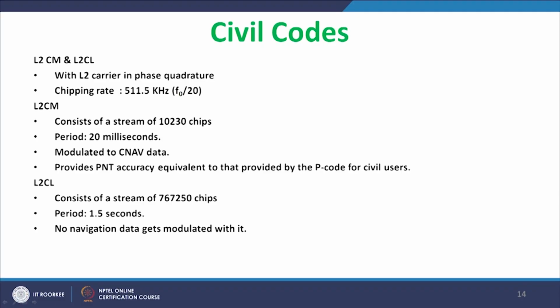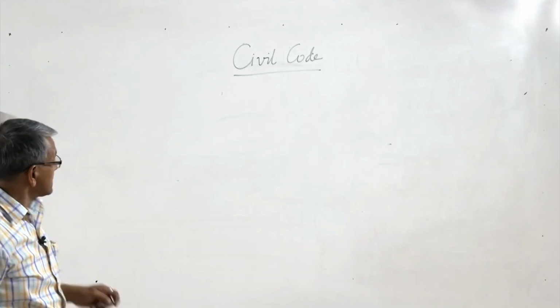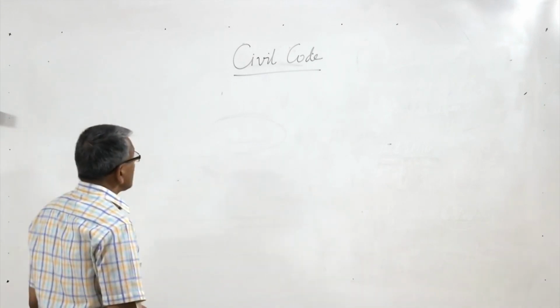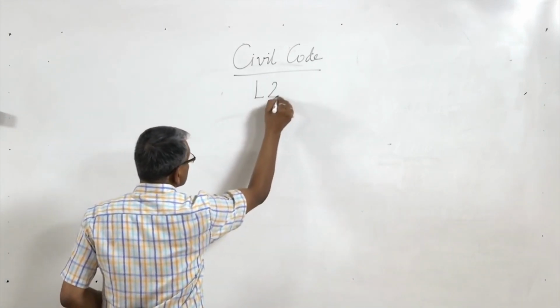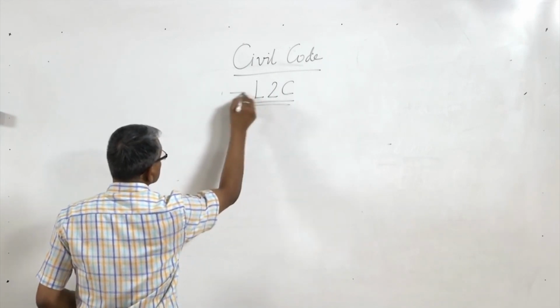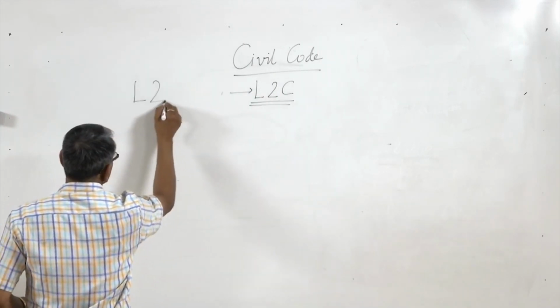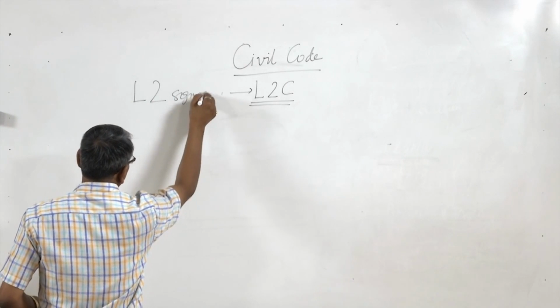Next, civil code. As I told you, civil codes are available with the L2C signal, which is the L2 signal in quadrature phase.